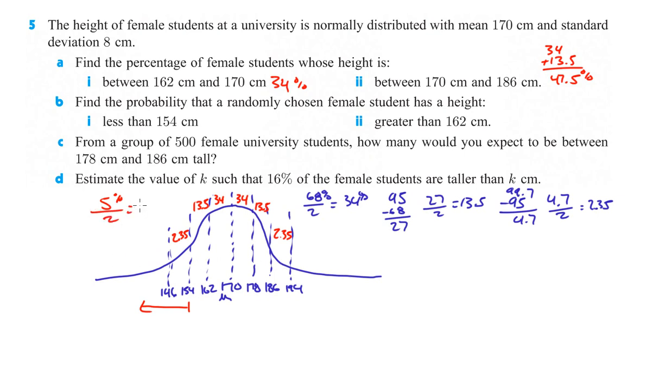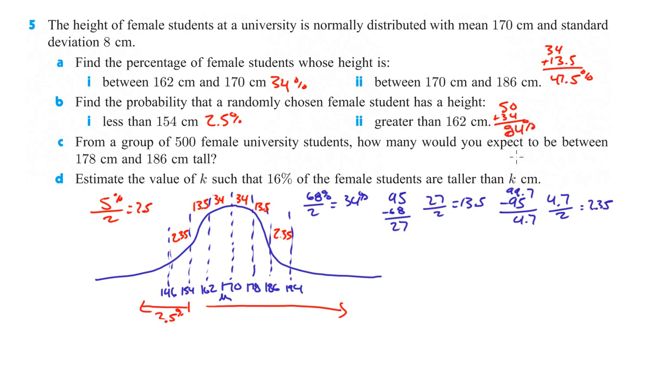Take that divided by 2, and that's going to give us 2.5% of the data is going to be below 2 standard deviations underneath the mean. Okay, greater than 162, that's going to be from here over. So this is 50%, right? 50% over here plus another 34.